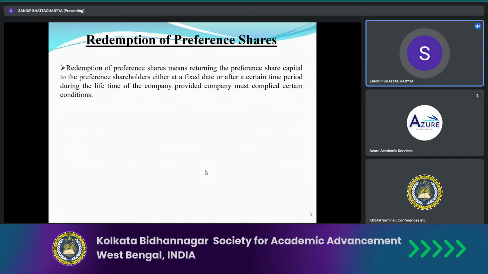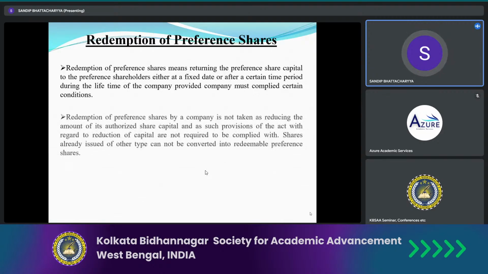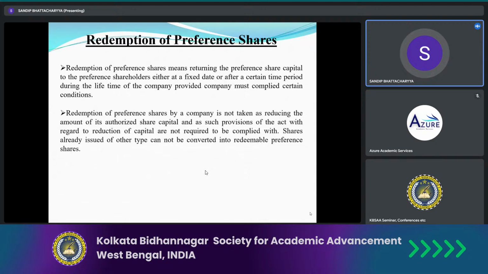It has already been mentioned in the red herring prospectus of the company when it was issued. The redemption of preference shares by a company is not taken as a reducing of the authorized capital, and the provisions of the Act regarding the reduction of capital are not required to be complied with.